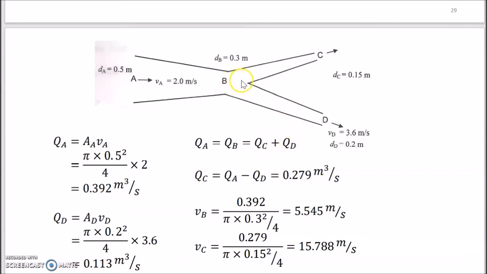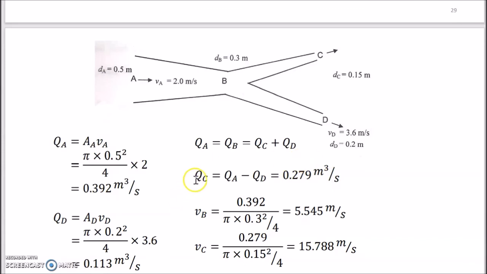That is the flow rate B to C plus the flow rate B to D. So QC equals QA minus QD. Therefore QA 0.392 minus QD 0.113, so we get 0.279 meter cubed per second.